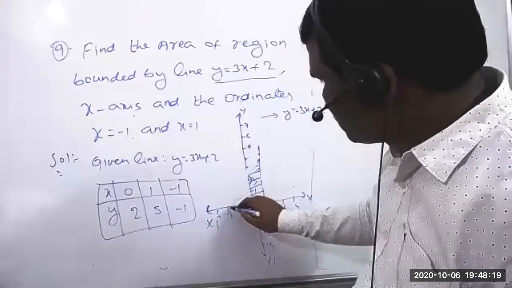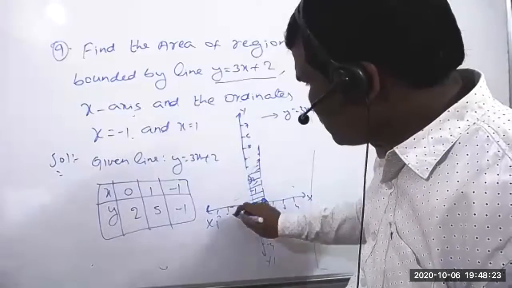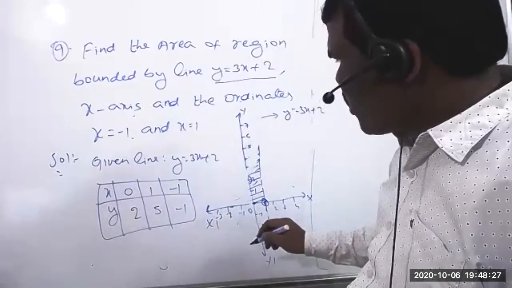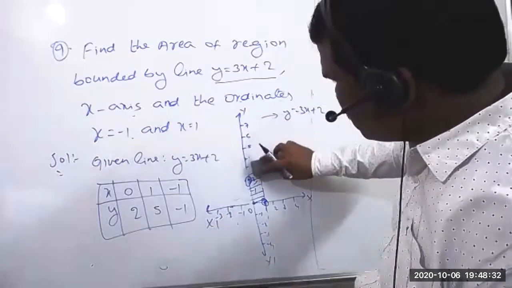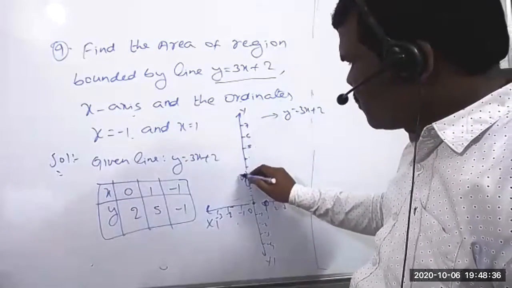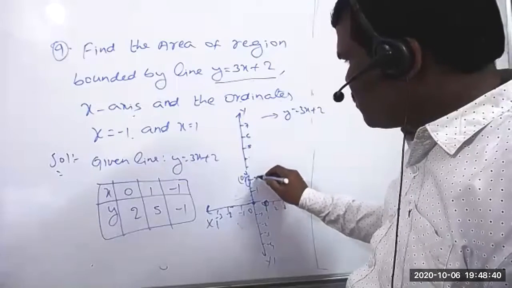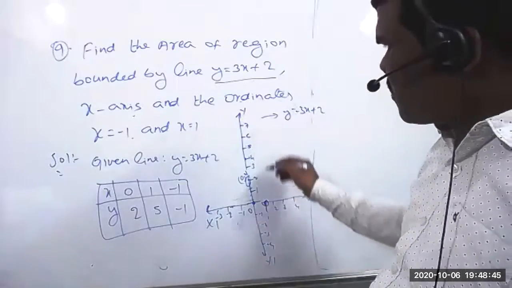Suppose this is the origin, and -1, -2, and -3. Please tell me the points: 0, 2. This is one point, 0, 2. Next, 1, 5.